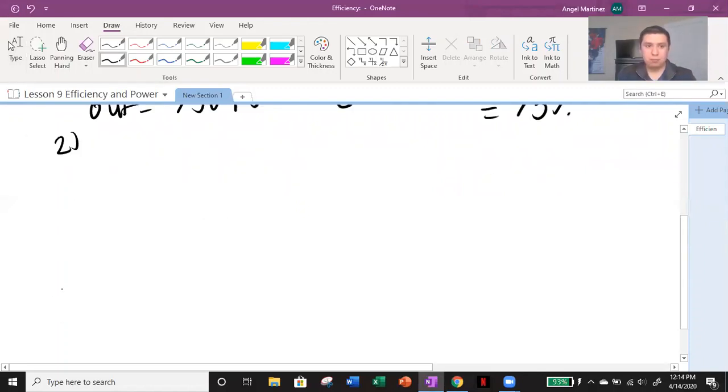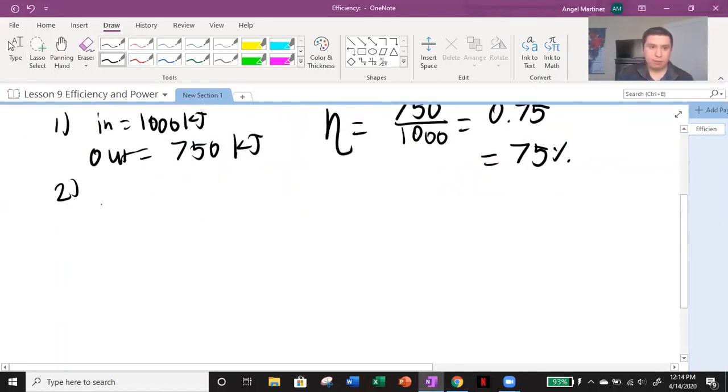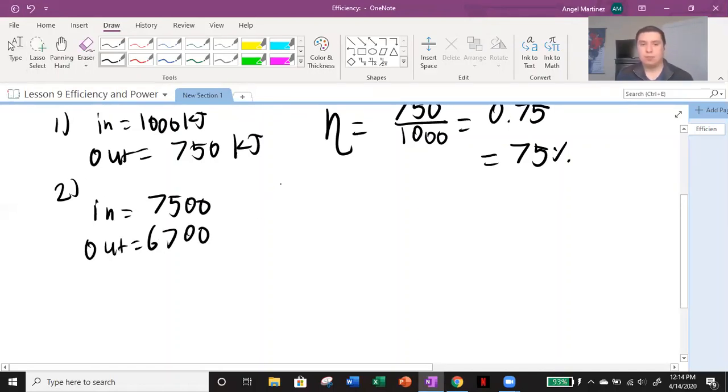So example 2. We have in equals 7,500 and out equals 6,700. What you're going to notice is that efficiency is usually the small number, 6,700, divided by the big number.